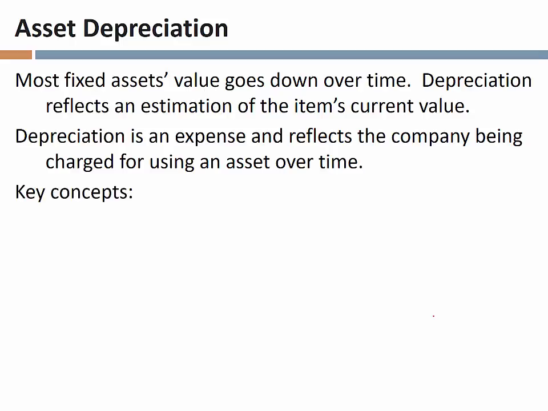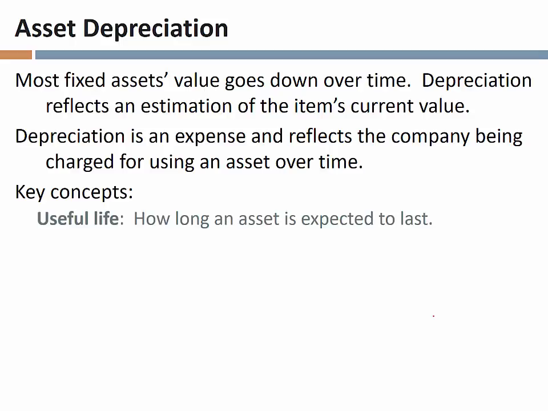Now, there are some fundamental concepts that go into the calculation of how we depreciate it. One of the things that we look at is how long is an asset expected to last? So, for example, I go to a dealership to buy a semi-truck, and I purchase a particular truck, and one of the things that the documentation would tell me or my historical experience would tell me is how long that asset is going to be useful.